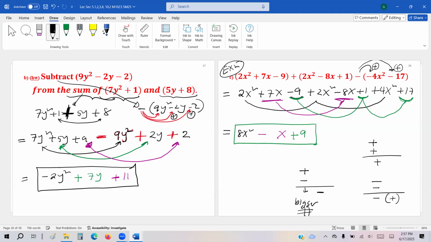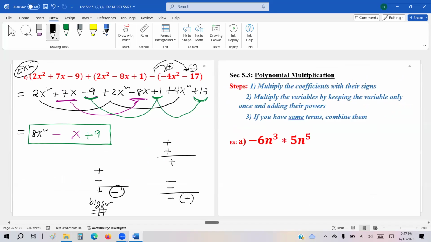Whatever sign you have in front of the bigger number, you keep that sign, but you always subtract the quantities. So these are the three addition rules. Plus and plus is plus. Minus and minus is a minus number, but you're taking their sum. And two different signs is always subtract.